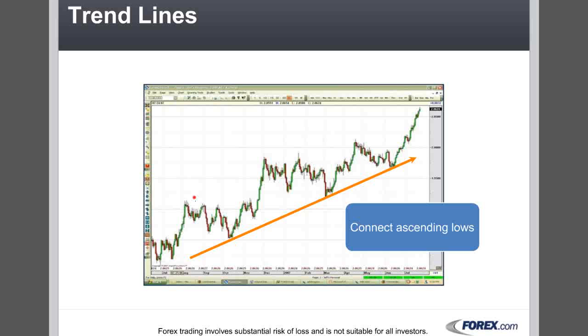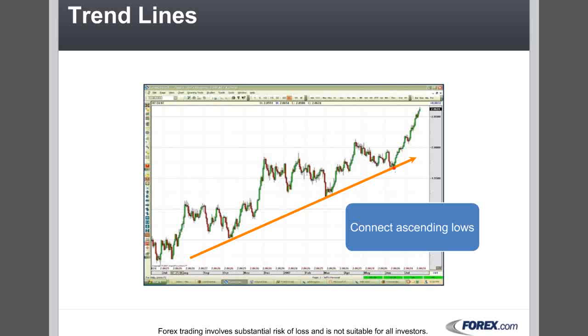Those high prices are also getting higher, which is very typical of what we call an uptrend. What we're going to do in an uptrend is really focus in on those support areas. We're going to connect them with a trend line, kind of like connecting A to B to C. When we do that, we can very easily see that this currency pair is definitely trending up.